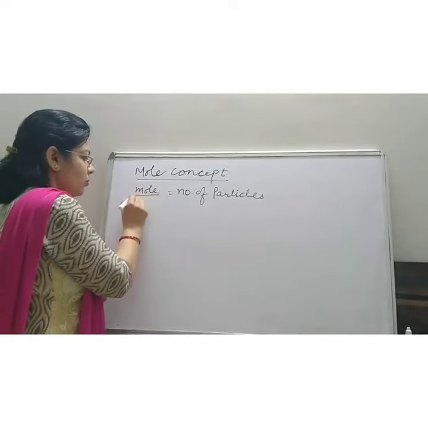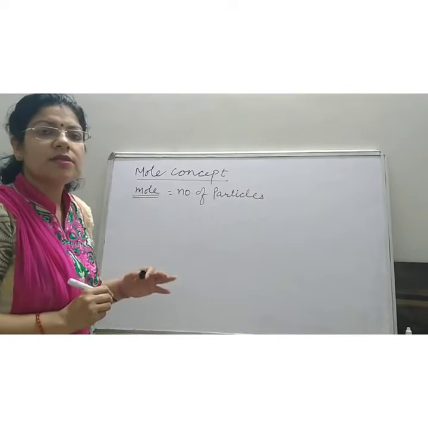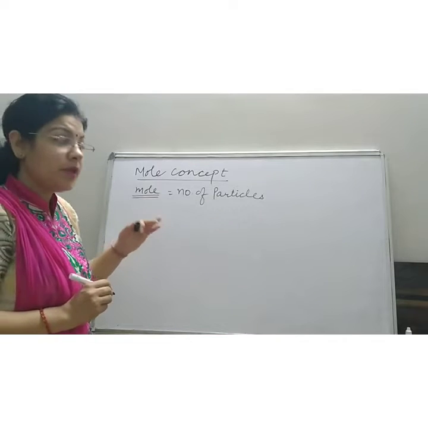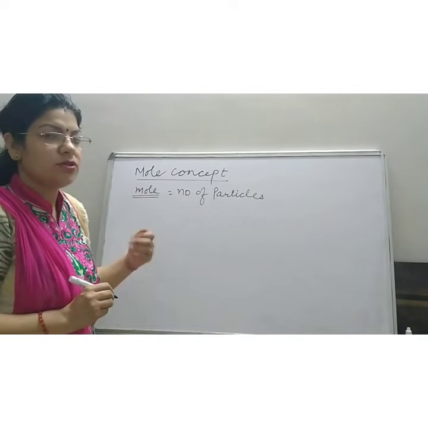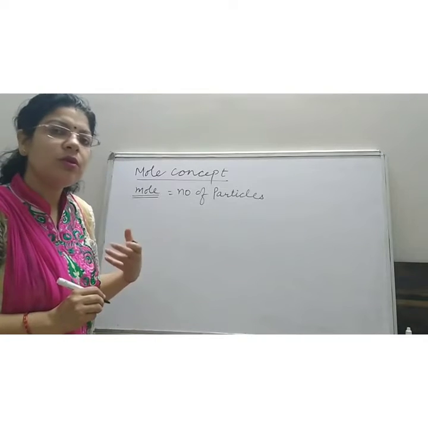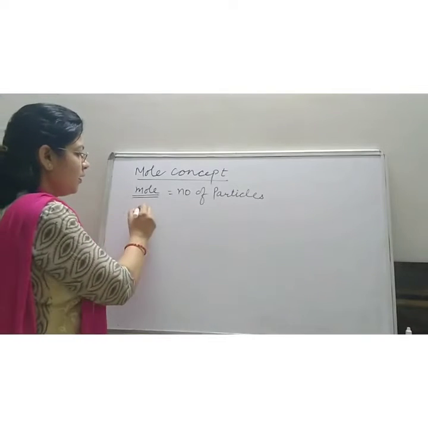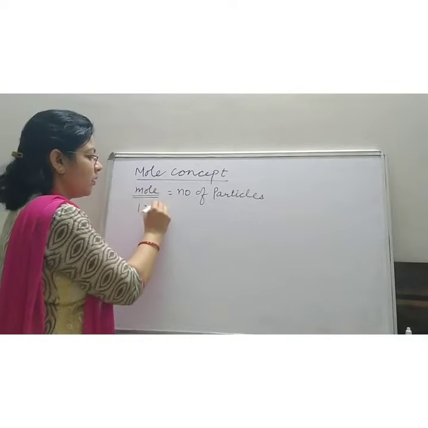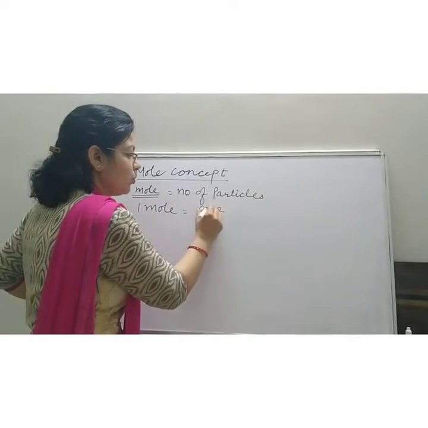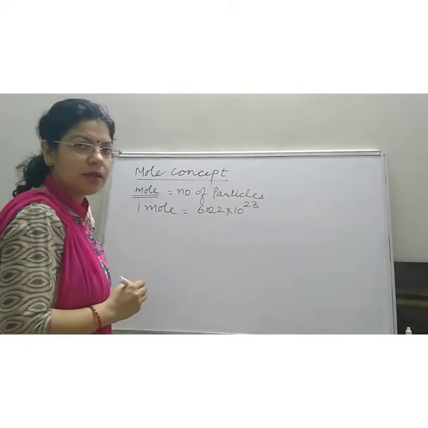Now, 1 mole is just like a physical quantity that measures the number of particles. Just like 1 dozen. 1 dozen is equal to 12 number of particles. Similarly, in terms of number of particles, 1 mole is equal to 6.022 into 10 raised to power 23 particles.